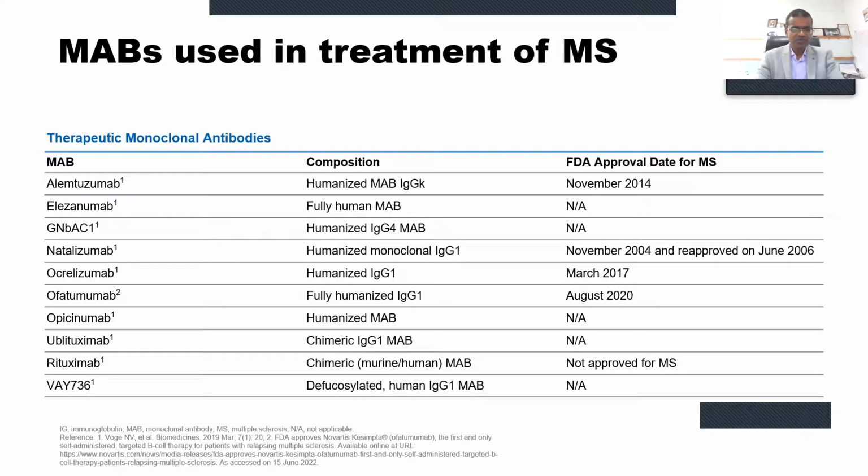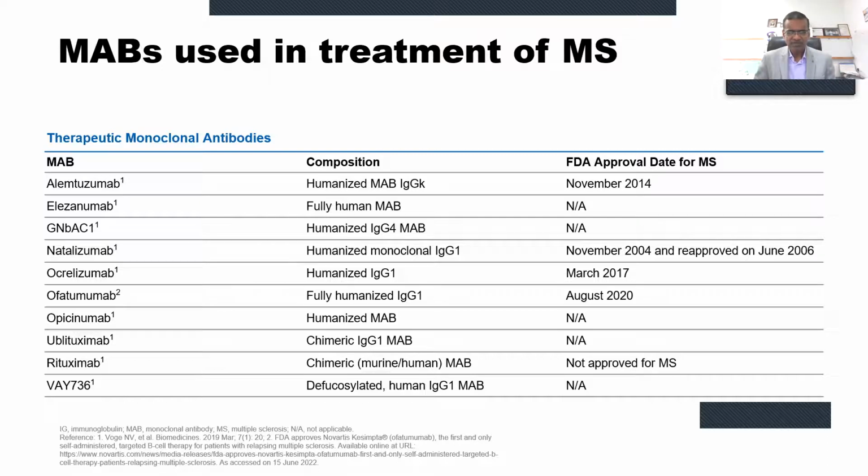So what are the commonly used mAbs in the treatment of MS? The first, in 2004, was natalizumab, and all of us have used Tysabri in the treatment of MS. It is a humanized monoclonal immunoglobulin. After that, we had alemtuzumab, which is available in India also, and many patients have been treated with it.